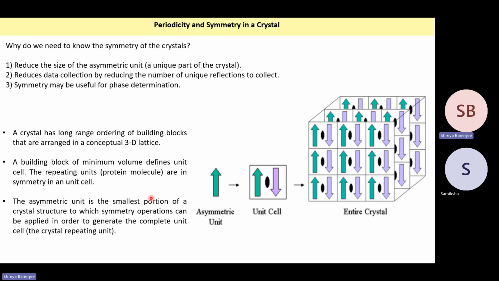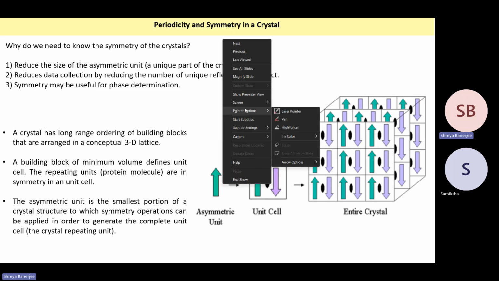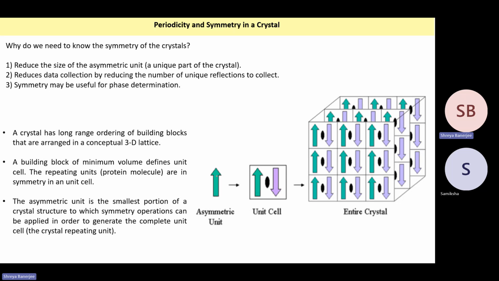It is the smallest portion of the crystal structure to which symmetry operations can be applied to generate the complete unit cell. So the unit cell is independent on its own. You just repeat the unit cell in multiple directions, you will get the crystal. Asymmetric unit is a part of the unit cell which, if you carry out a symmetry operation, like an inversion operation, where the top will go to the bottom and the bottom will go to the top, that is also called a symmetry operation.